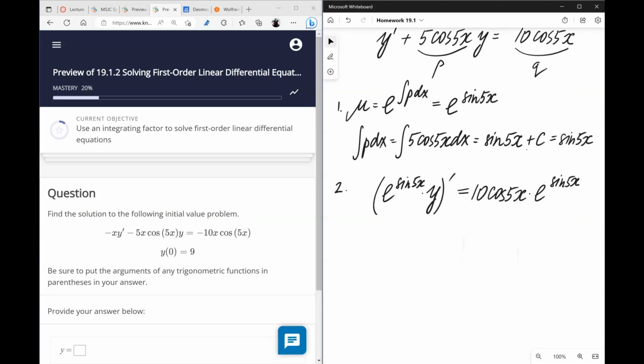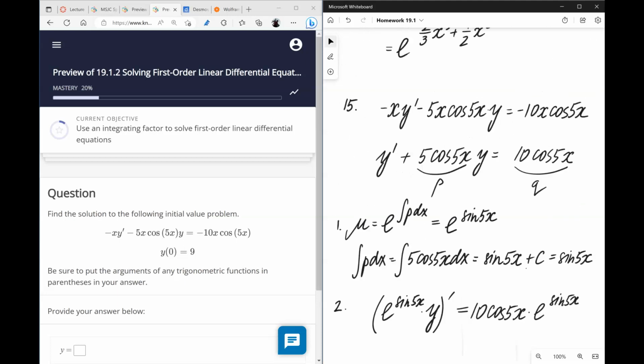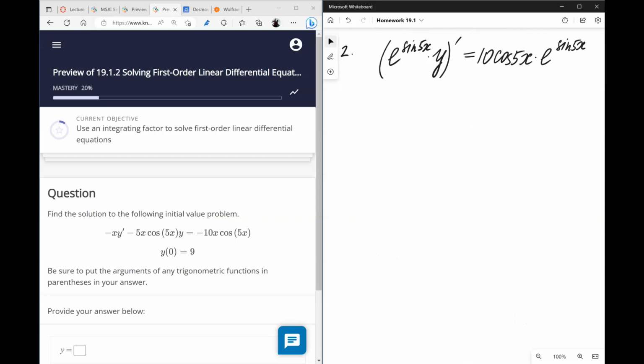And now to undo the derivative on the left hand side, we're going to take the integral.